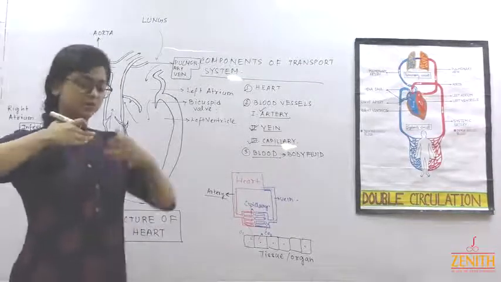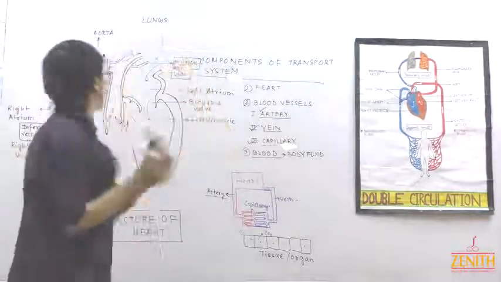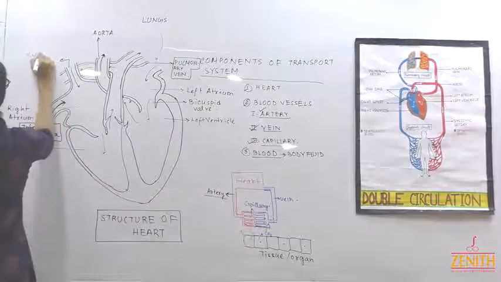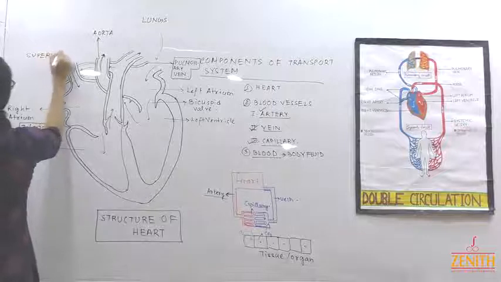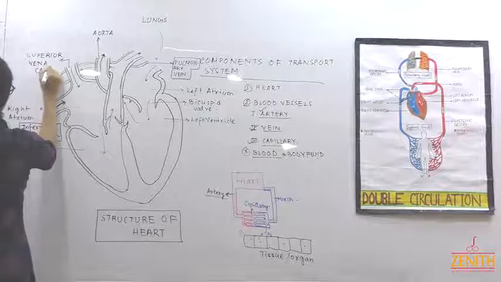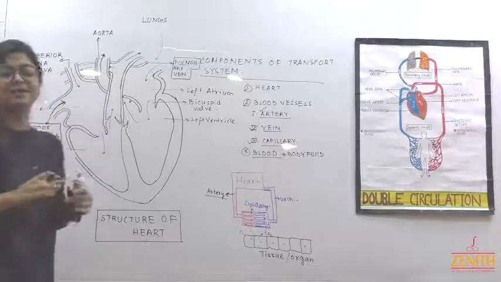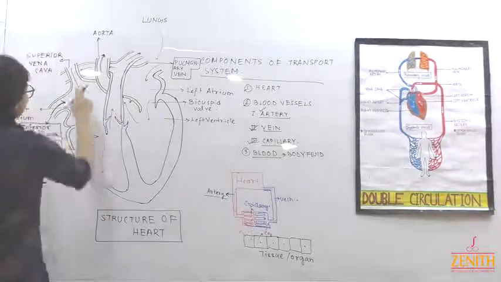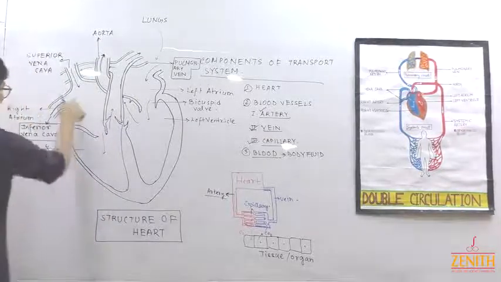For the upper parts of our body, just above our heart, there is a vena cava or a vein that is called the superior vena cava. This superior vena cava is taking the deoxygenated blood from the upper portions of our body. It is giving it back to the right atrium.